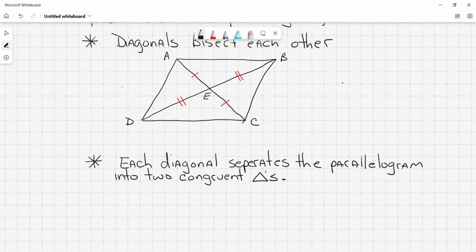Each diagonal separates the parallelogram into two congruent triangles.